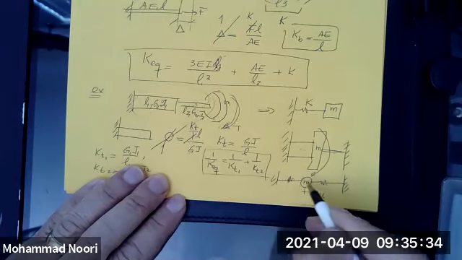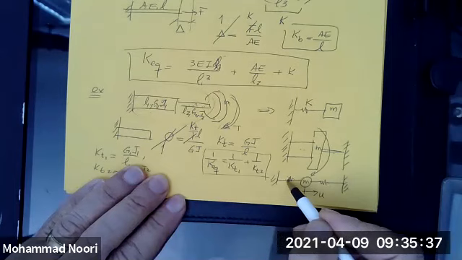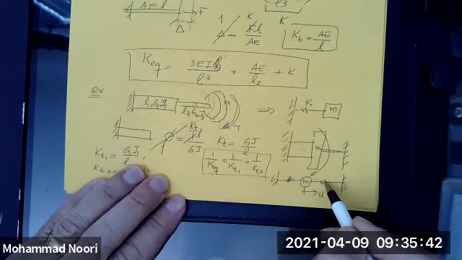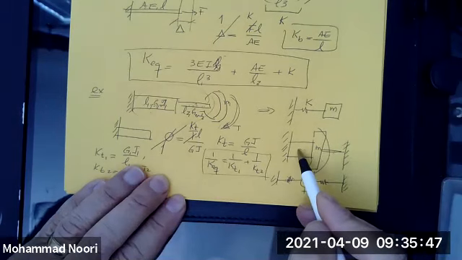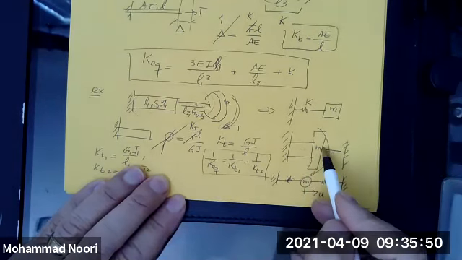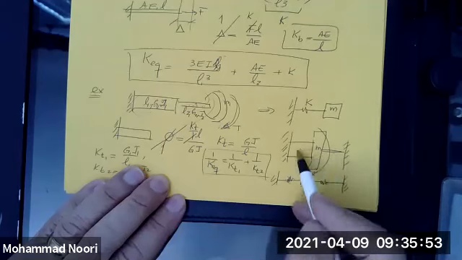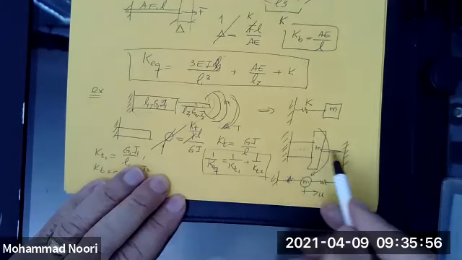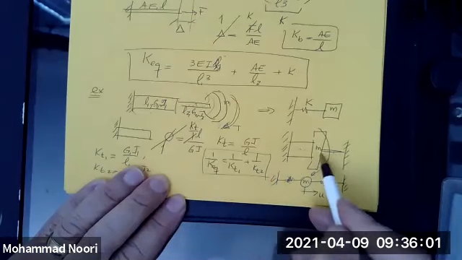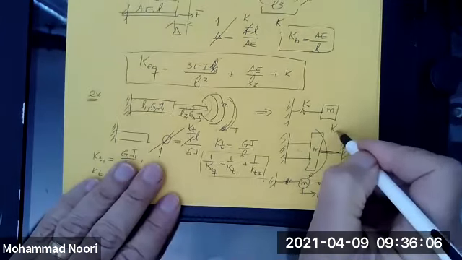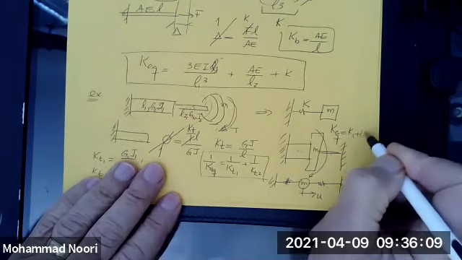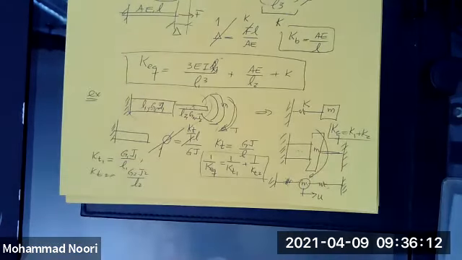These two seemingly are connected in series, but they're not subjected to the same force. They're subjected to the same deformation. I don't know what the forces are in these two. It's an indeterminate problem. But all I know is that they're subjected to the same deformation. Therefore, in this case, K equivalent would be the sum of these two. Any questions?